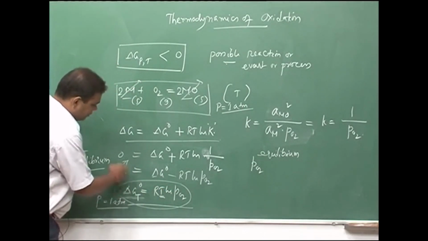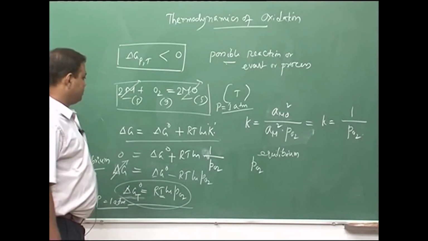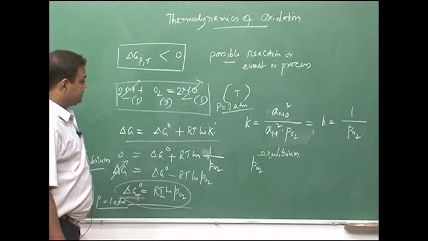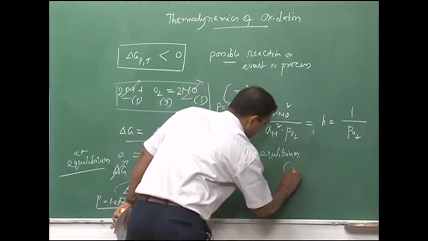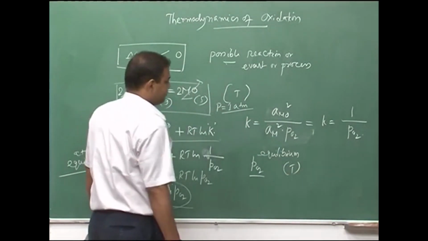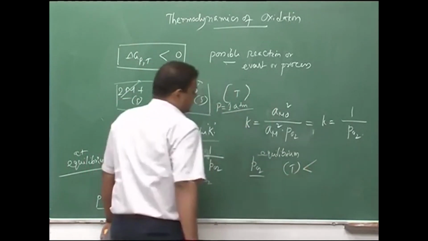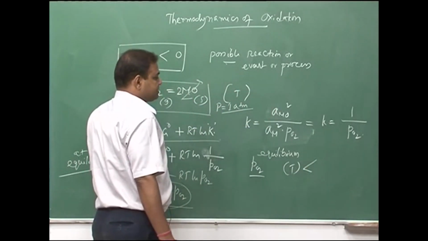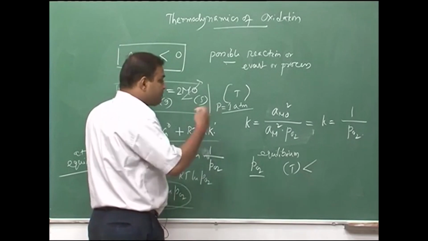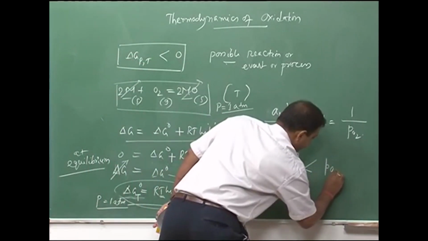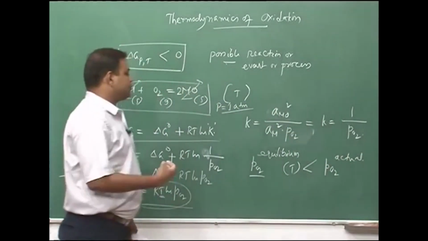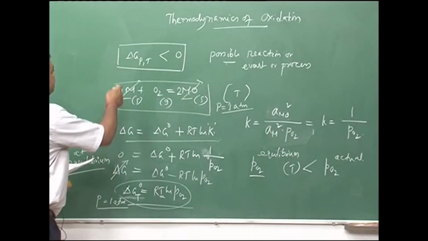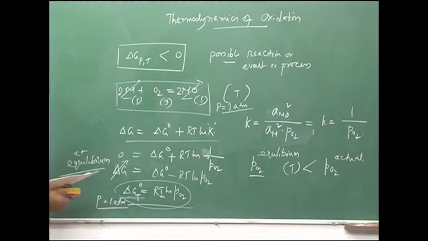Once we get the value of del G 0 at temperature T, the equilibrium partial pressure at a particular temperature T, if it is less than the actual partial pressure that the metal is exposed to, PO2 actual, then what would happen?